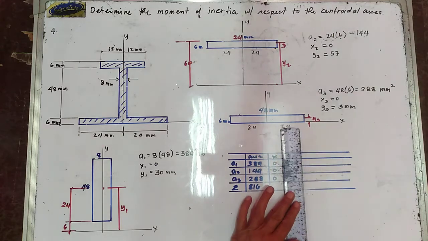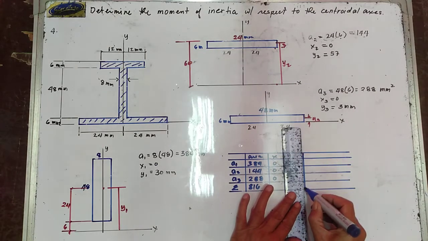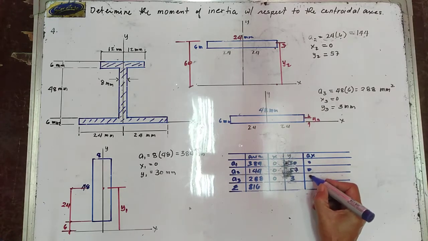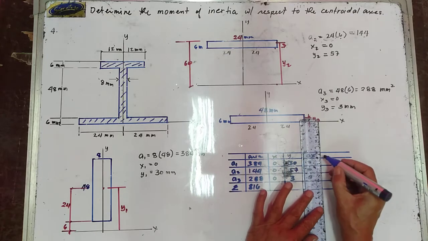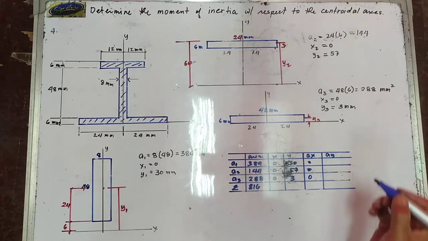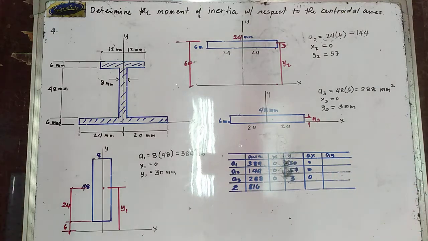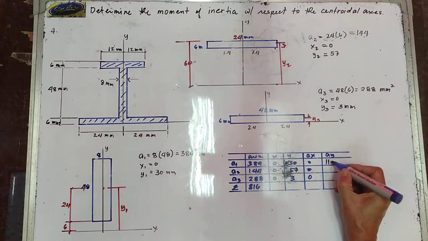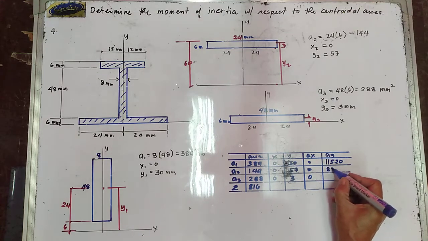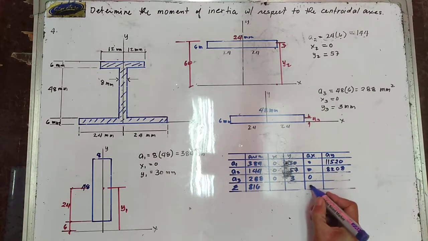And then we now have your AX, so this is your A times X, and your AY, so this is your A times Y. So 384 by 30 is 11,520. 144 by 57 is 8208.